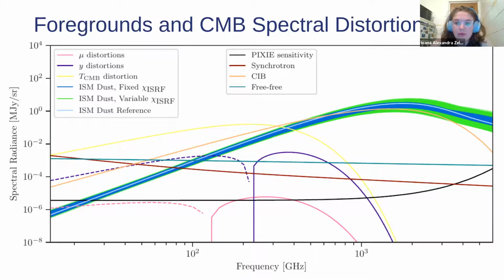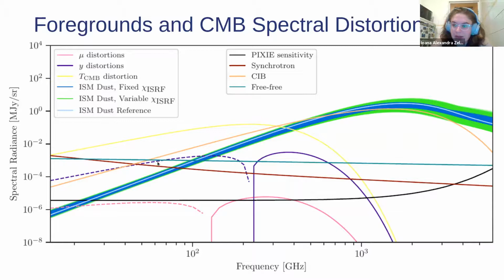And what we want to detect are the pink and purple lines, which are the Y and mu distortions. We also have the other foregrounds like the synchrotron in red, the free-free in green and the cosmic infrared background in orange. So what I was trying to find out is how I can characterize how much variation there is in the actual dust foreground here, and how it overlaps with the spectral distortions.